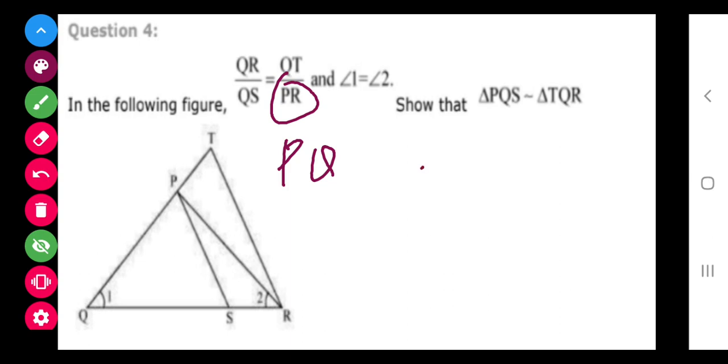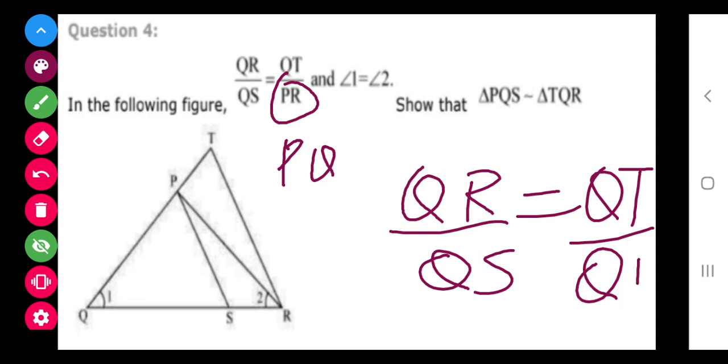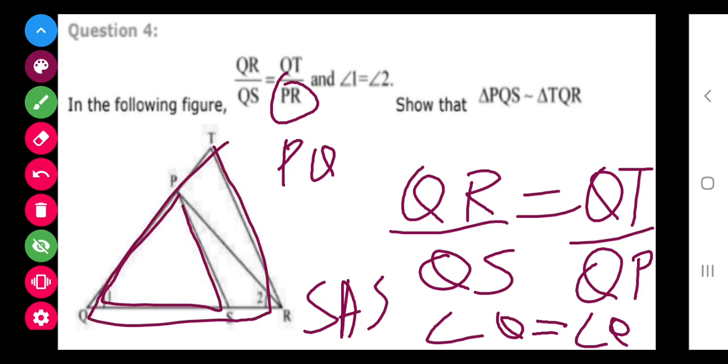Now what we have, QR upon QS equals QT upon QP, and angle Q is common. So by SAS, this triangle and this triangle are similar.